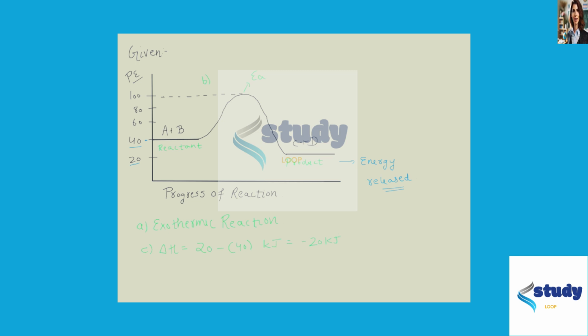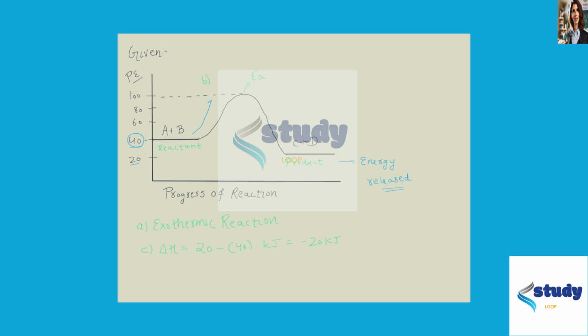So this is the value of delta H, and then it is asked how much energy is absorbed by the energy of activation. So exactly here we can clearly see that initially it is 40 kilojoules and it is going to 100 kilojoules.